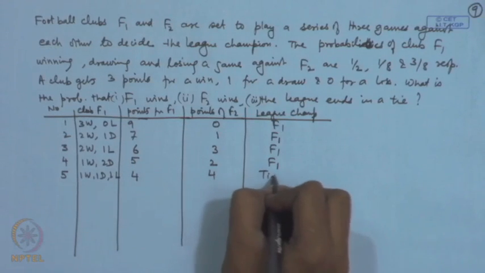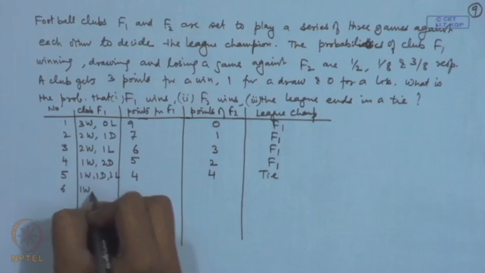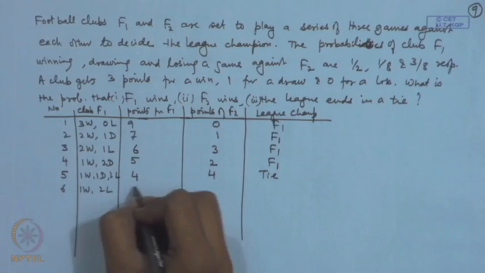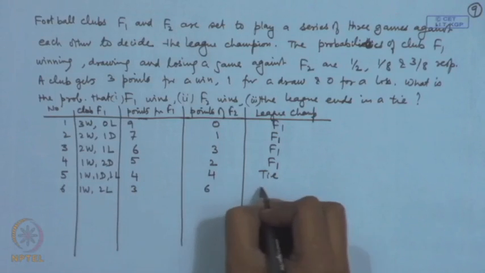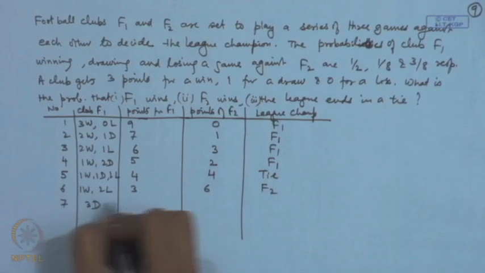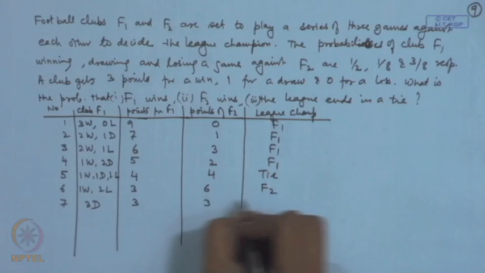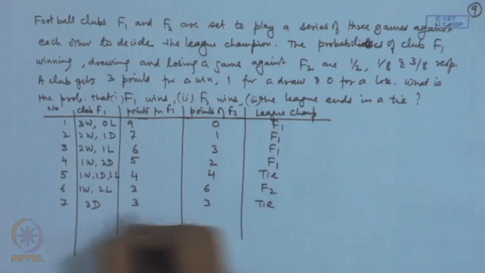So, the league will end in a tie. Let us look at 1 win, 2 losses, then 3, 6, F2. 3 draws, 3 points for F1, 3 points for F2 and league ends in a tie.